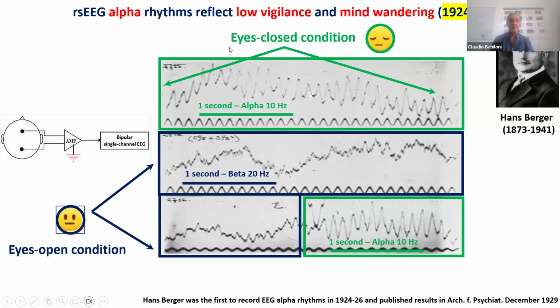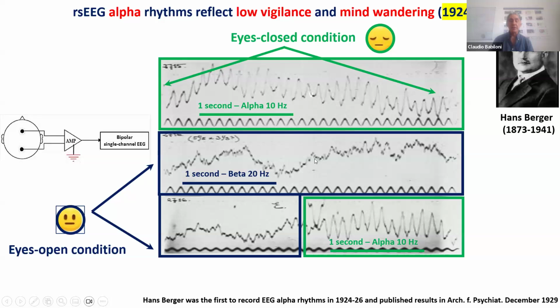As you remember, the EEG activity during the resting state, eyes closed, show high amplitude in a frequency from 8 to 10 Hertz generally. And when there is the opening of the eyes, the alpha oscillation disappear, and an oscillation at the higher frequencies from 20 to 30 Hertz is visible.